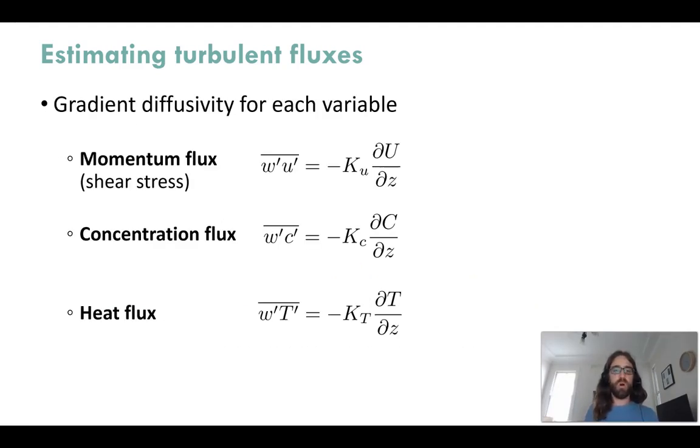In particular, what we can do is apply this gradient diffusivity to all of the variables that we have: the momentum flux by turbulence, the concentration flux by turbulence, and the heat flux by turbulence, where each of them have their own individual diffusivity constants.